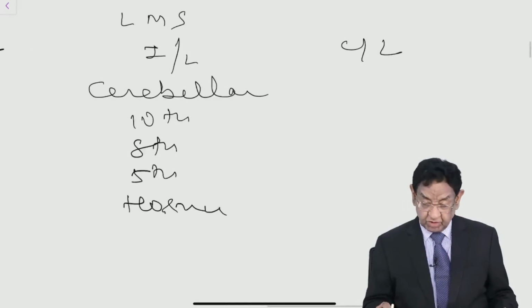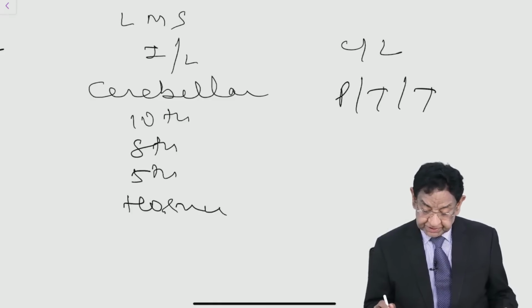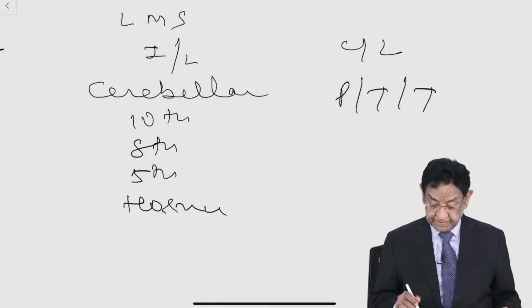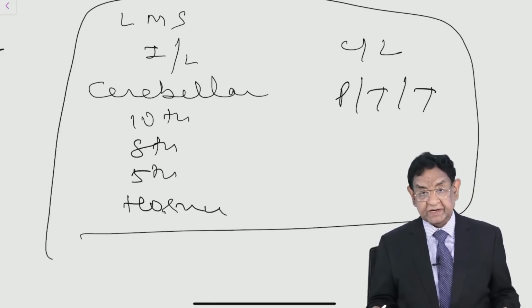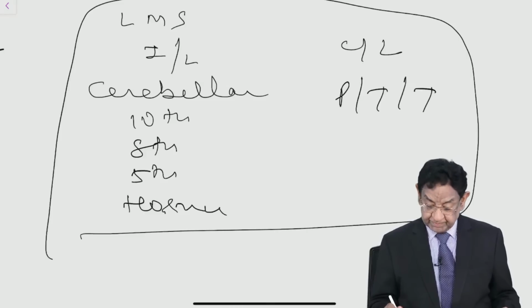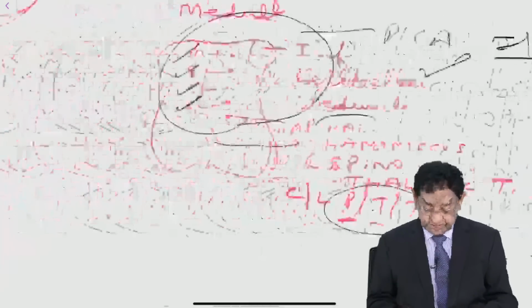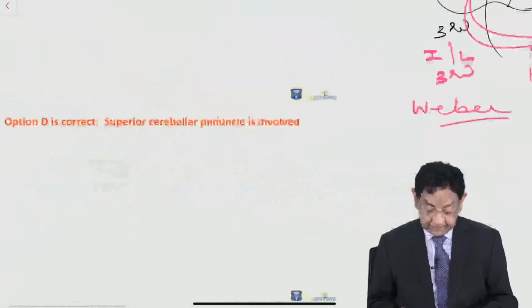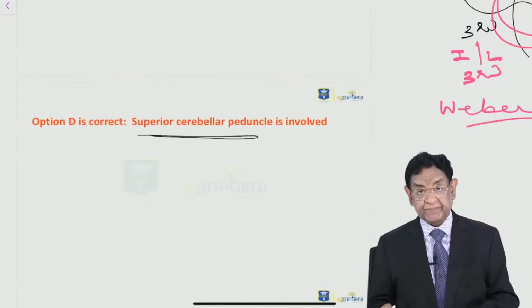Contralateral loss of pain, touch, temperature. Make a box of this. This is lateral medullary syndrome. Very, very important question. Okay. So now you are clear about why superior cerebellar peduncle is not involved in Weber syndrome.